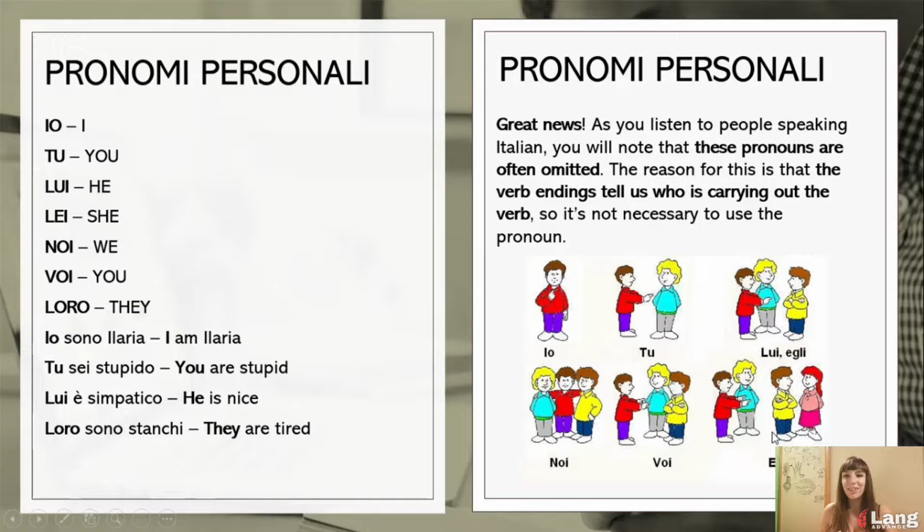Egli is the same as lui and essi is the same as loro, but egli and essi are not used ever. We don't ever use them in any case. So I honestly don't know why they are still teaching them. They do teach them at the elementary school to children, to kids, but I don't know why. You don't need to know them. So just learn lui to say he and loro to say they.